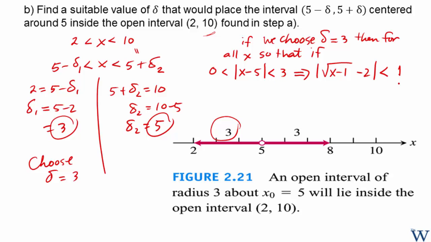There's your delta and there's your epsilon. We have shown that for epsilon equal to 1, the limit of the square root of x minus 1 as x approaches 5 is equal to 2.